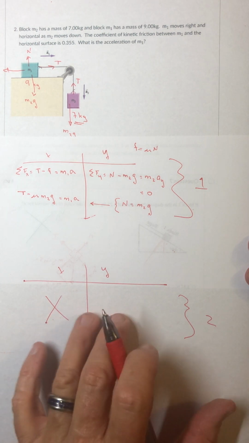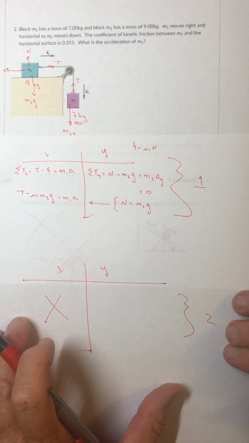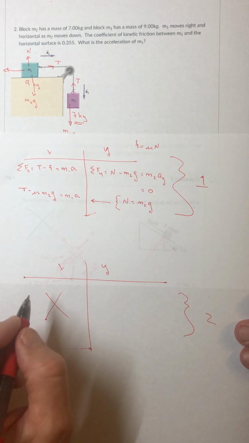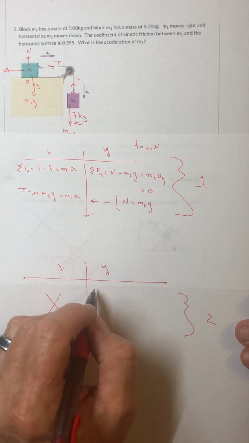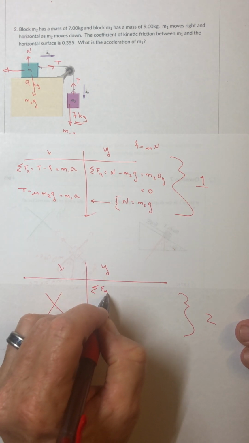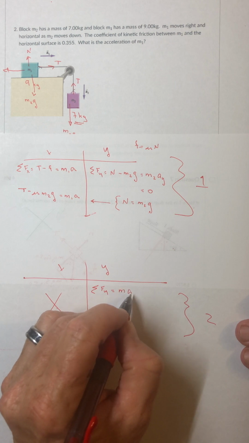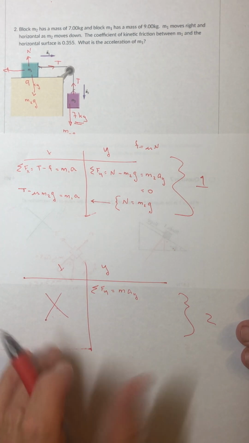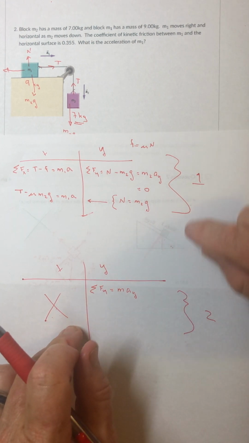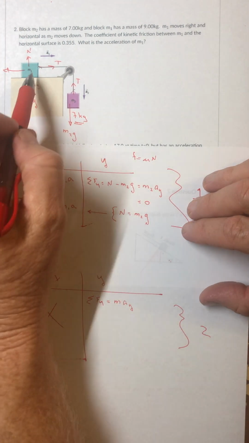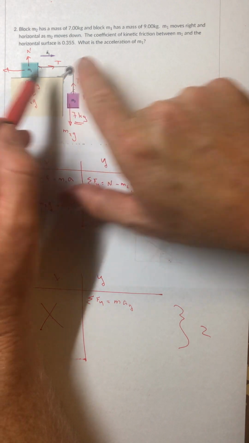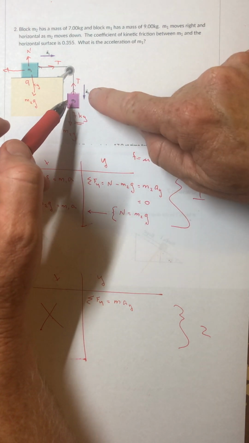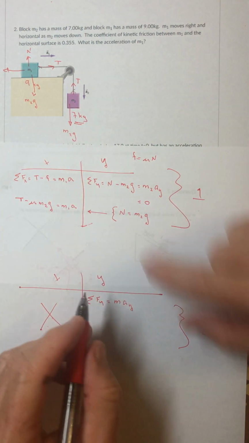And now doing the same kind of thinking for the second block, of course there's nothing in the X direction, but the sum of the forces in the Y direction has to equal mass times acceleration in the Y direction. To keep things consistent between block 2 and block 1, since block 1, when it moved to the right, I called it positive, let me go block 2 down as positive.